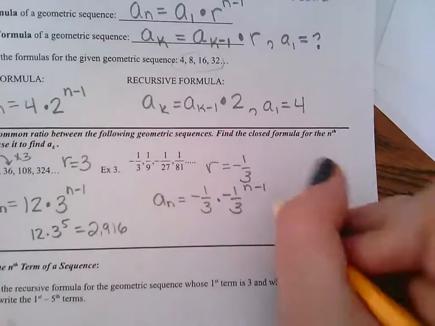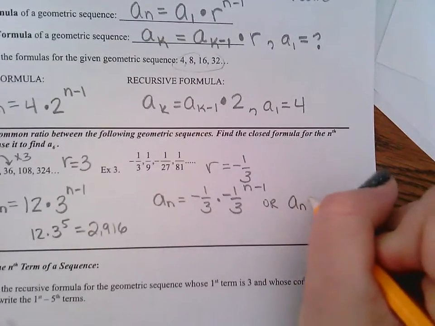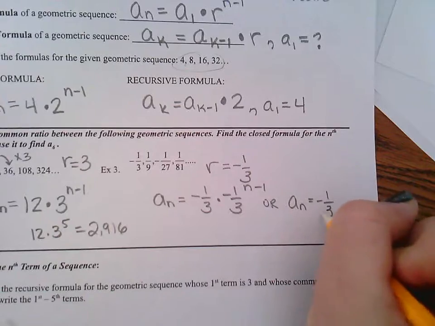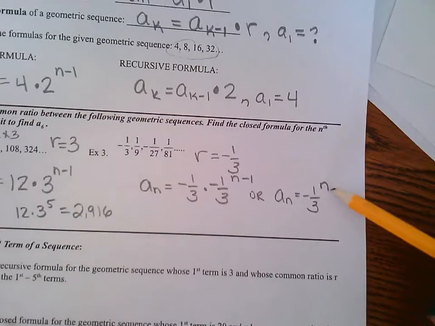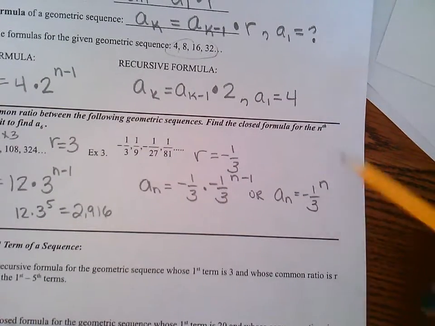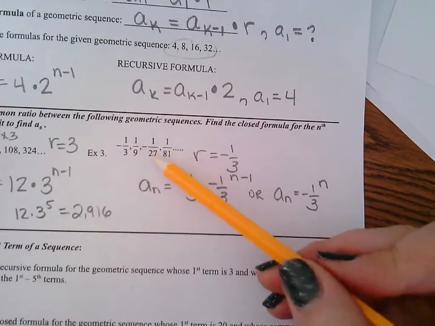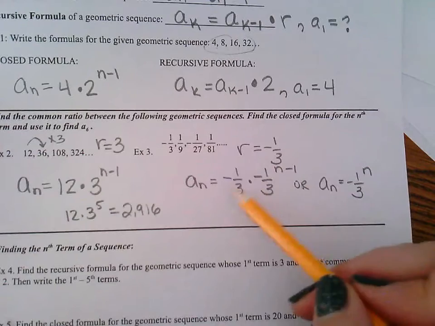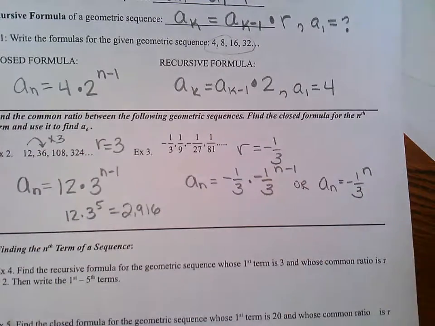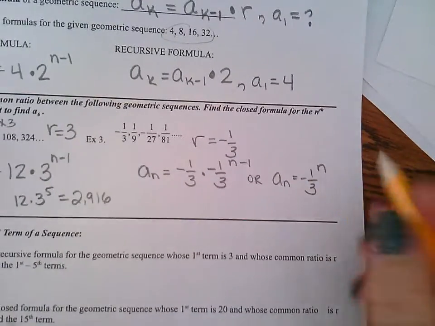I could just write this as a sub n is negative 1/3 to the nth power, right? Because then squaring it gives me 1/9, cubing it gives me negative 1/27. But that only happens when your first term and your ratio are the same number. I'm trying to plug in the sixth term. So I'm just going to kind of cheat and use my simplified formula.